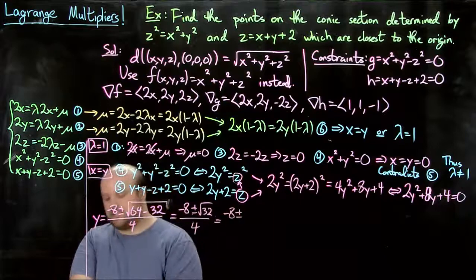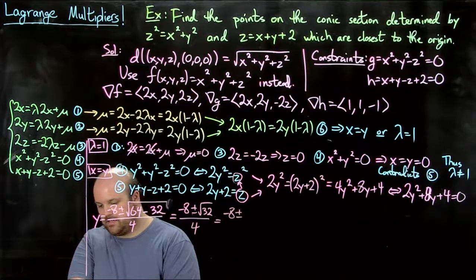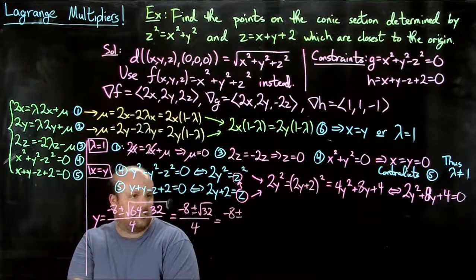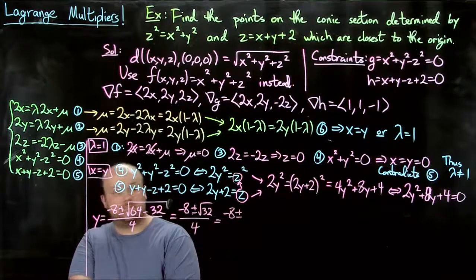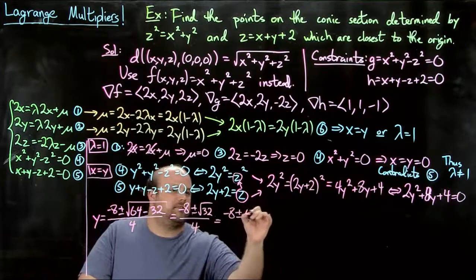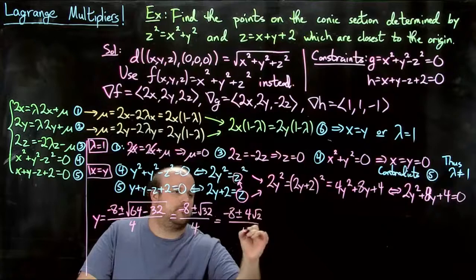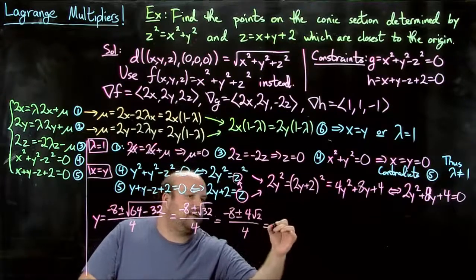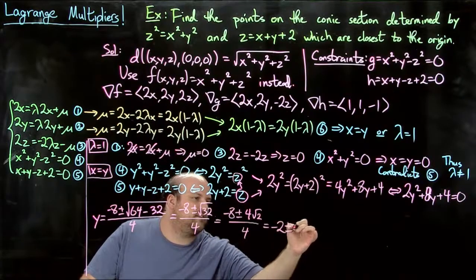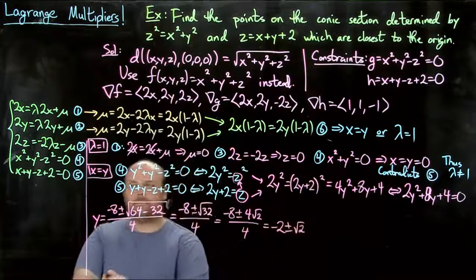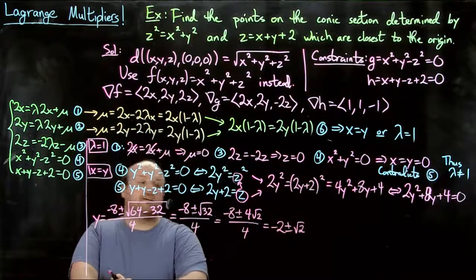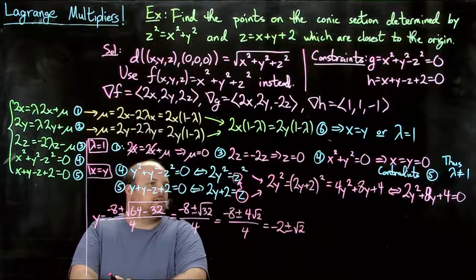Well, the square root of 32 is actually 16 times 2, so this is 4 root 2 over 4. In other words, we have negative 2 plus or minus root 2 for y. So that's y.